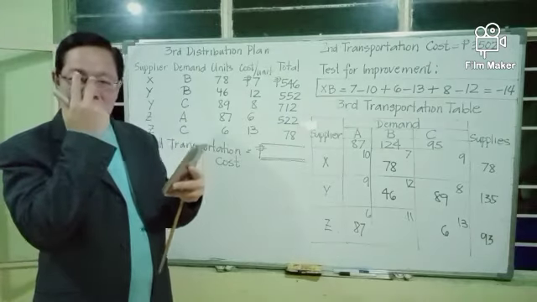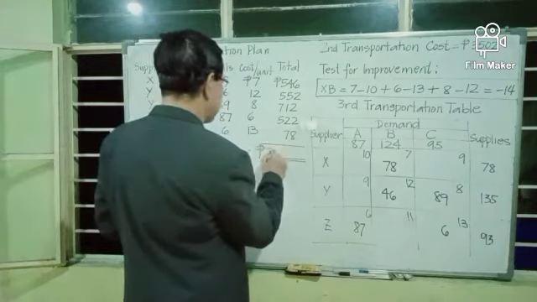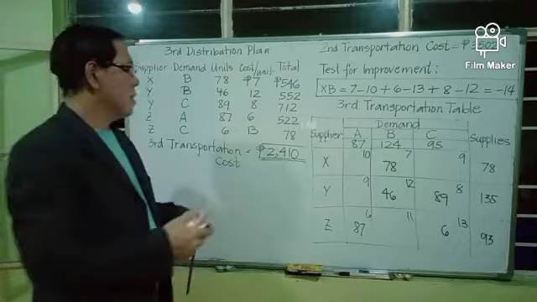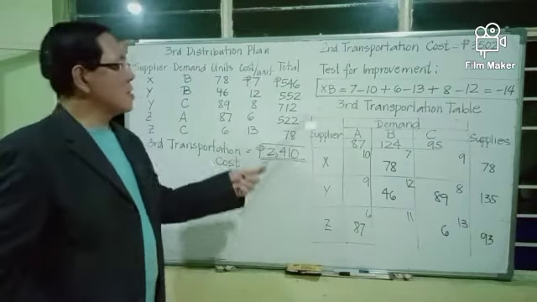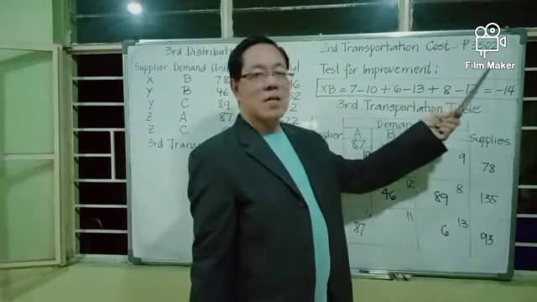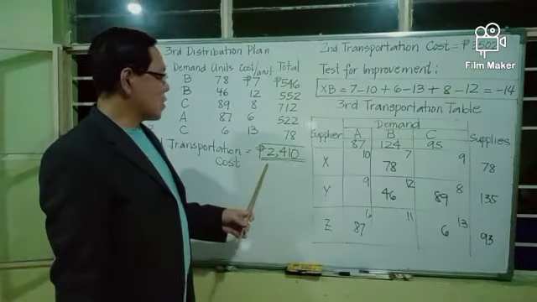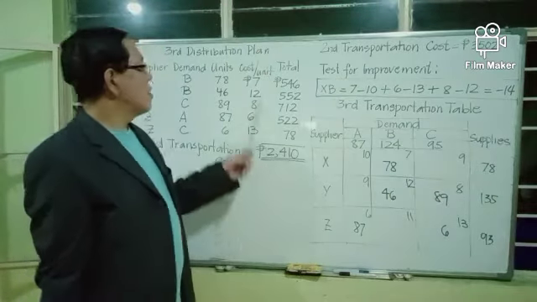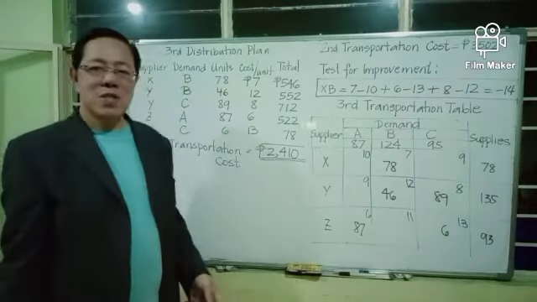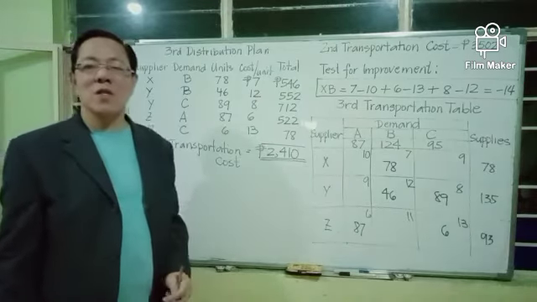And we get 2,410. Now you can see that the transportation cost decreased from 3,502 for the second transportation table to 2,410 for the third transportation table. Now we check if this third transportation cost is correct.